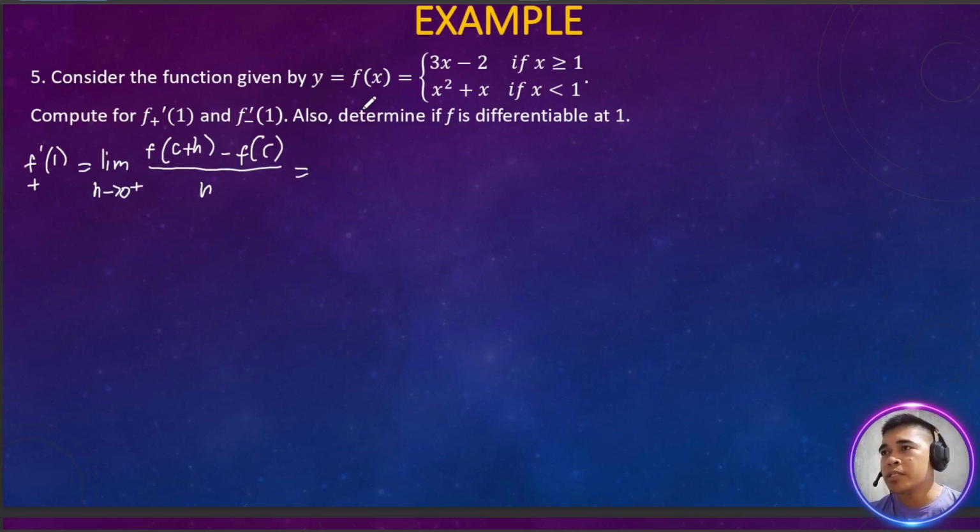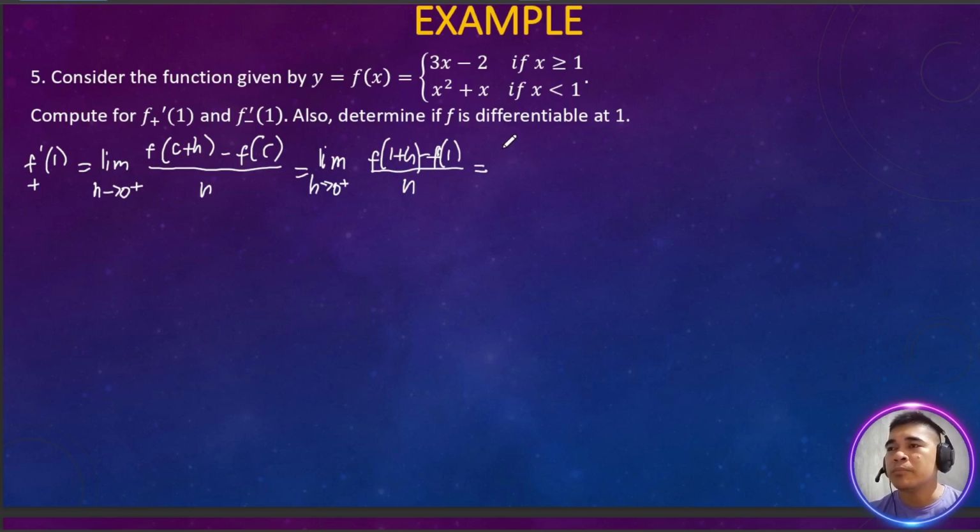Substitute the value of c, which is 1. So we get the limit of f of 1 plus h minus f of 1 over h as h approaches 0 from the right.